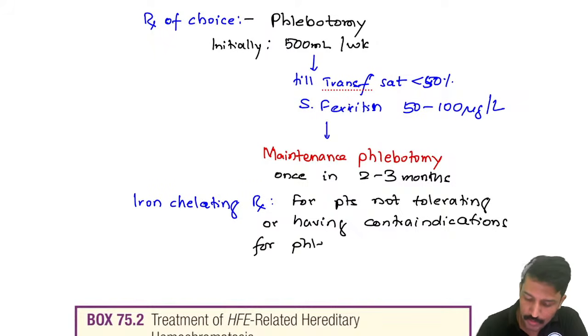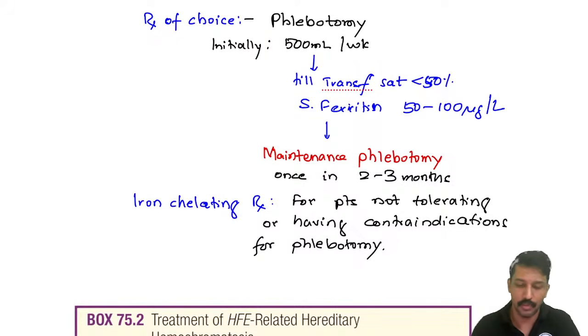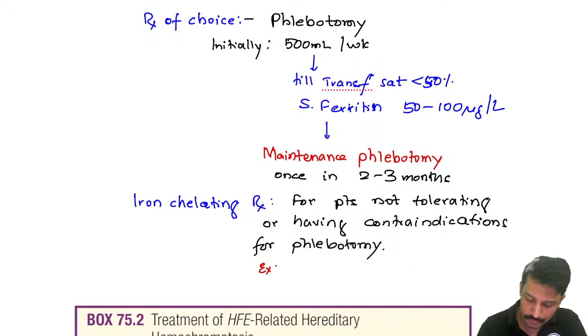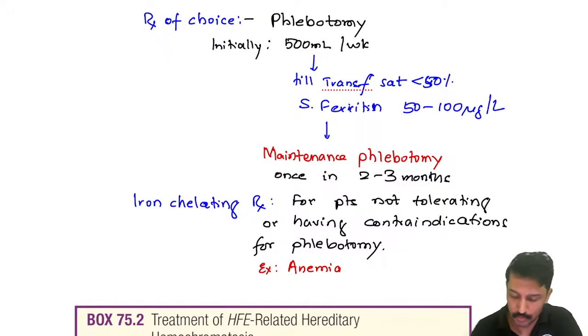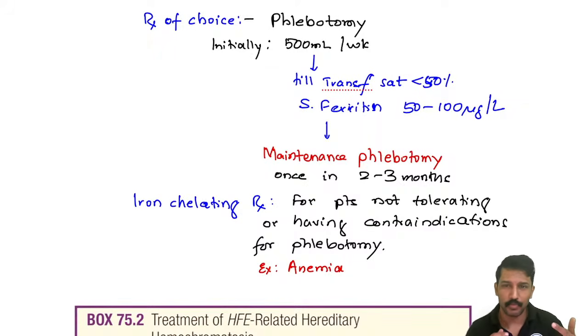A common circumstance that we encounter in clinical practice where phlebotomy may not be practically feasible is anemia, because anemia need not always be because of iron deficiency, as we know. There may be another cause, maybe B12 deficiency, or some other nutrient deficiency, contributing to the anemia. If I keep doing phlebotomy, iron overload will come down, but the anemia will worsen. So in that case, I can't do phlebotomy.